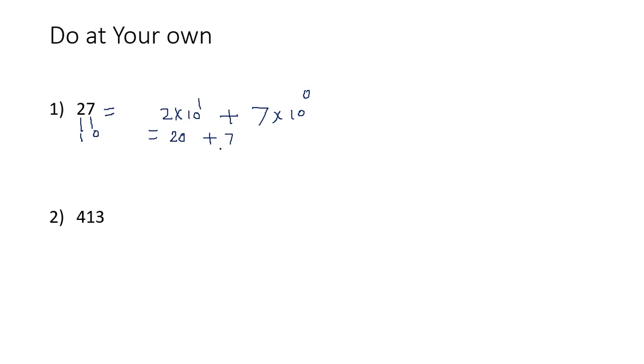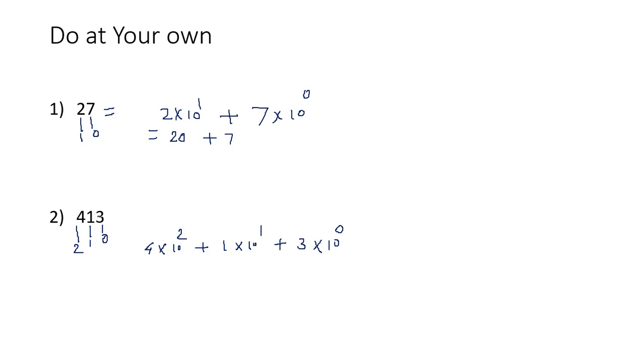Similarly 413: this is position number 0, this is position number 1, and this is position number 2. So how can I expand? 4 cross 10 raised to 2 plus 1 cross 10 raised to 1 plus 3 cross 10 raised to 0.